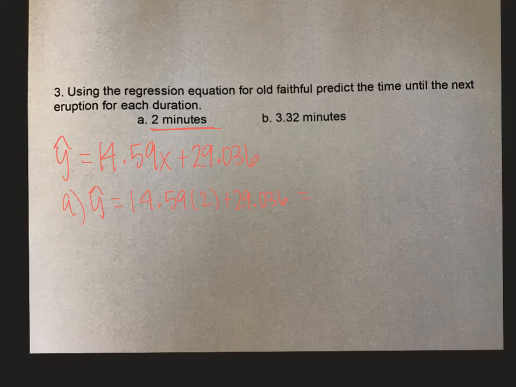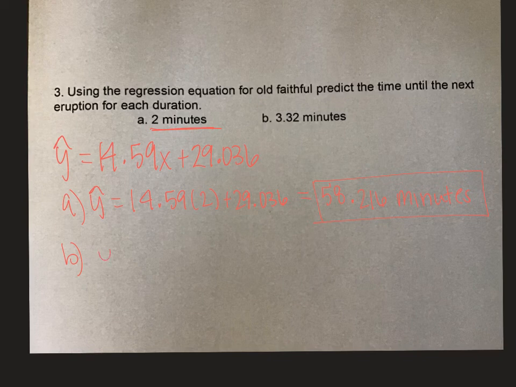And that's going to give me about 58.216 minutes in between that 2-minute eruption and whatever the next one is. So for part B, I'd encourage you to pause this video and do the same thing for part B. Figure out how long until the next eruption if Old Faithful erupts for 3.32 minutes, but you're doing the same thing.